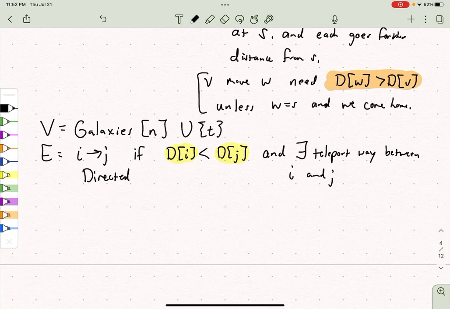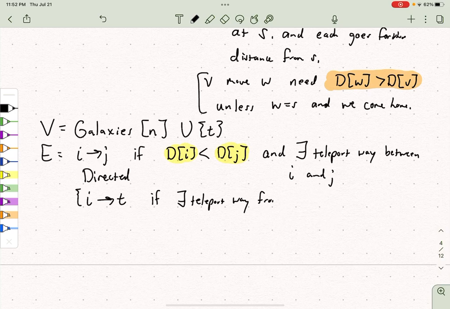And now we're also going to add edges i to t if there's a teleport way from i to s.